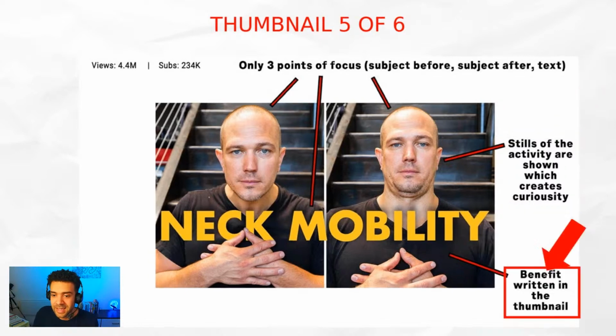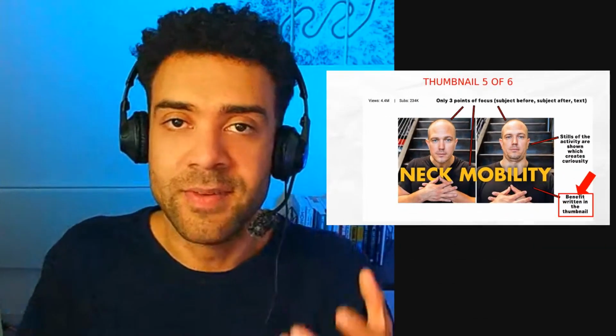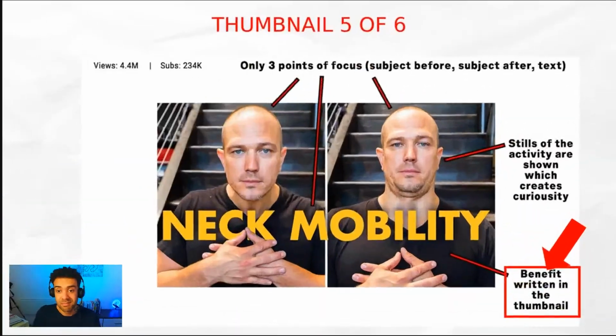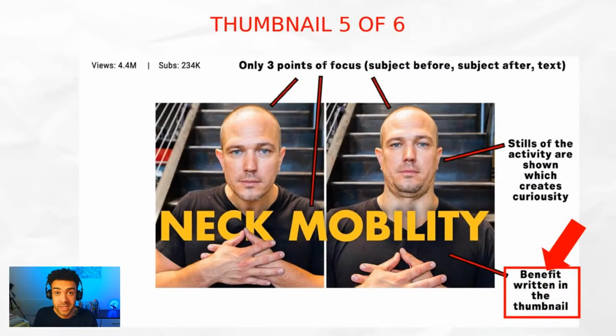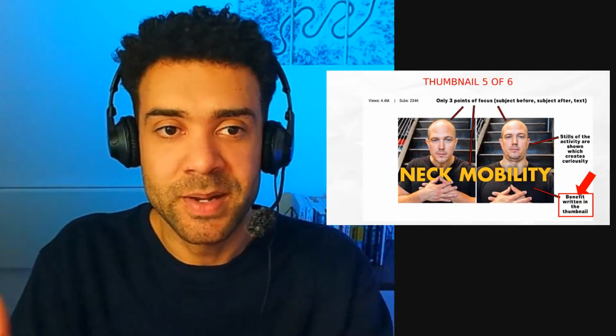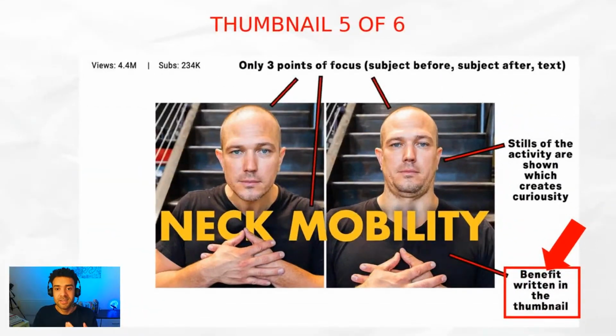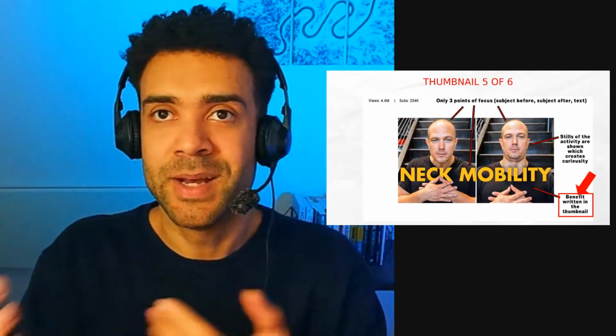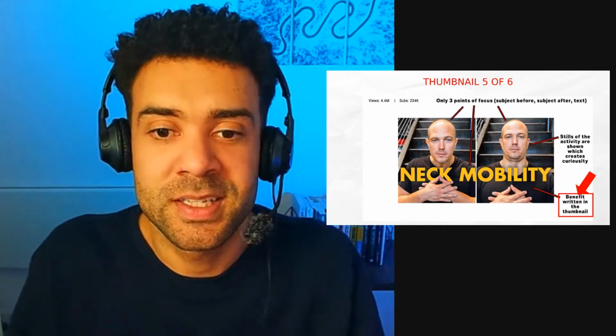Next up, the benefit, the value that the viewer is going to get from watching this video has been written in the thumbnail. Neck mobility. That's all someone scrolling through YouTube needs to read. They see neck mobility written on the thumbnail, they see the guy doing some movements, and you instantly know that this video is about movements that are going to give you neck mobility.